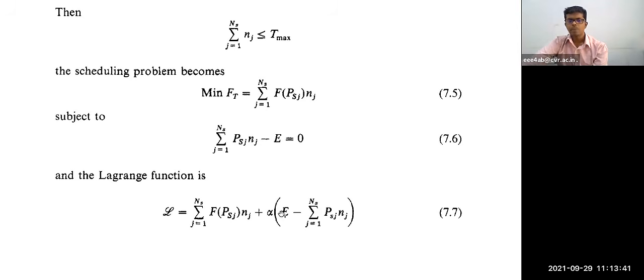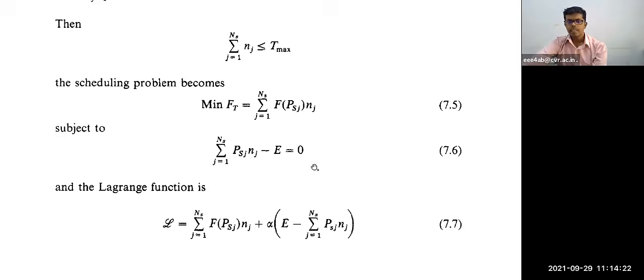Here we are taking this constant as alpha. The objective function is to minimize the total fuel cost, summation J equals 1 to NS of F of PSJ into NJ, plus alpha into E minus summation J equals 1 to NS of PSJ into NJ. Here E is the maximum energy generated from the steam power plant.